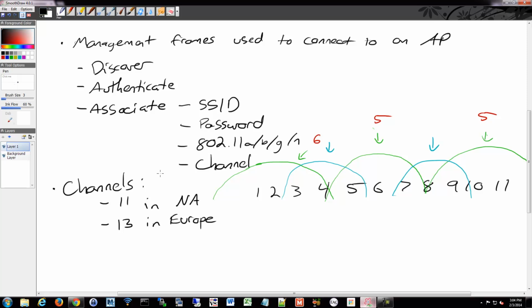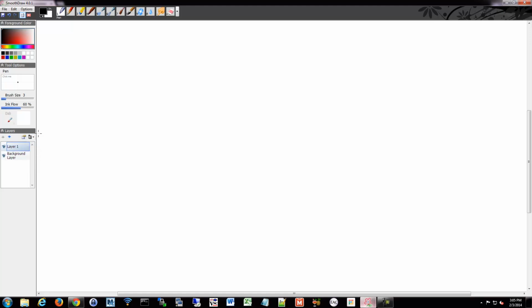Since we're talking about channels, there's a couple different channel management methods, and we'll just make a new one here. There is direct sequence spread spectrum, DSSS, which spreads the signal over a larger frequency and reduces interference.